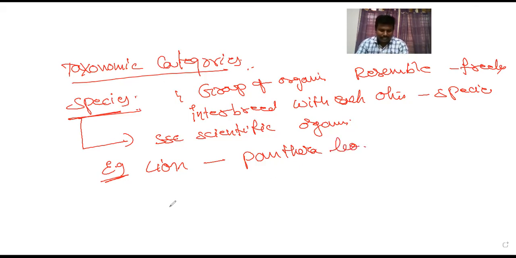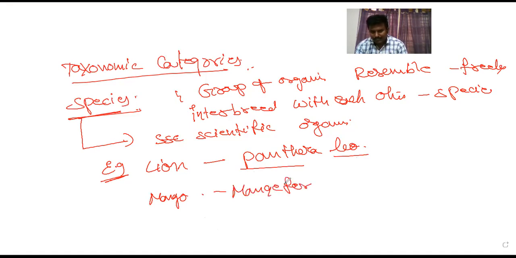In the scientific names of organisms, the first word represents the genus name, while the second word represents the specific epithet. For example, another plant, mango. Its scientific name is Mangifera indica. Mangifera is the generic name, indica is the specific name.